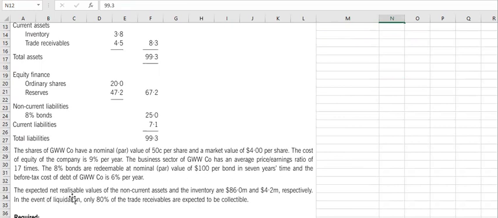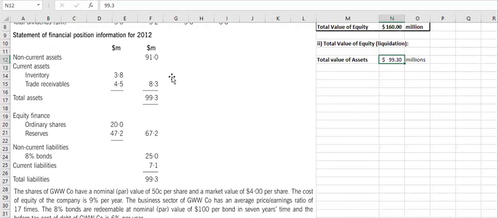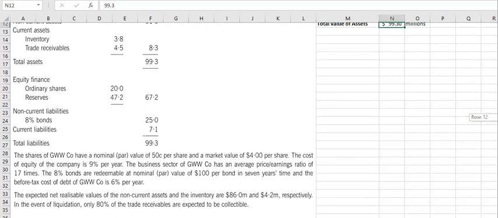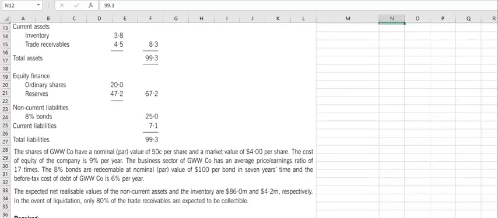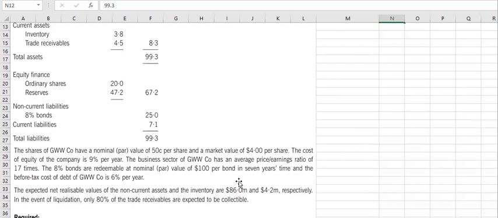The expected net realizable value of non-current assets and the inventory are 86 and 4.2 million, respectively, in the event of liquidation. Okay. So there were three assets given in the question: non-current assets, inventory, and trade receivables. They have given us the realizable values of non-current assets and the inventory value.